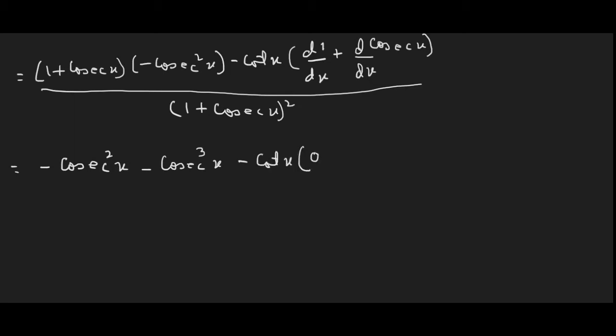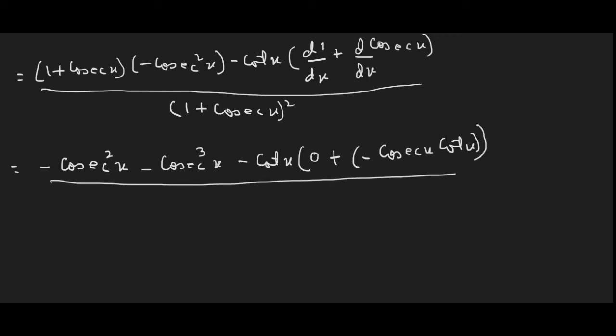This is 0 because 1 plus minus cosecant x cot x, and whole divided by 1 plus cosecant x whole square.